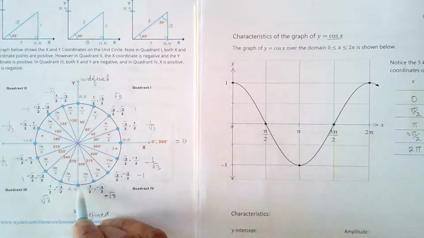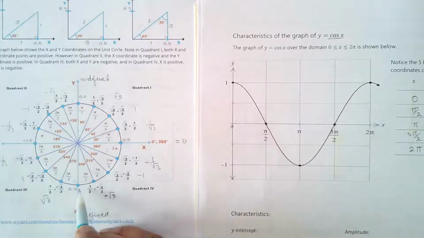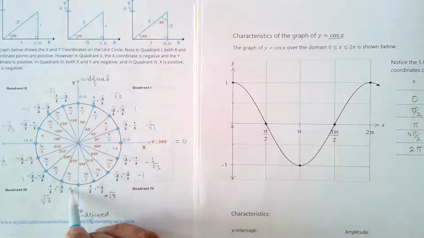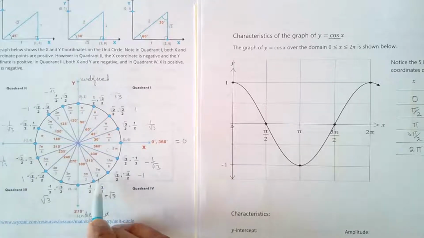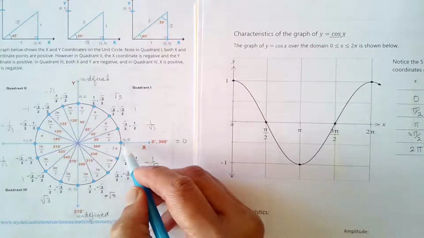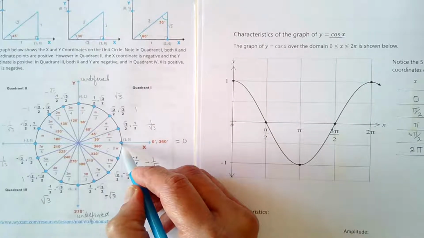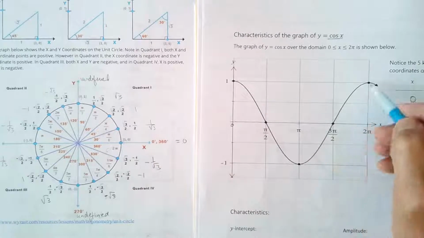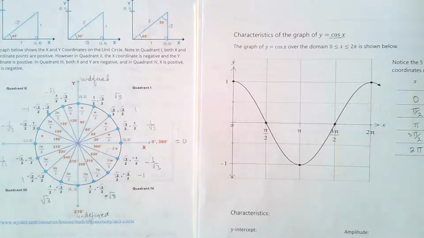Cos of 3 pi over 2 is 0. Because remember, it's the x-coordinate of your terminal point on the unit circle. Then going all the way back to 2 pi, it's 1. So that's why we use the unit circle as the standard.